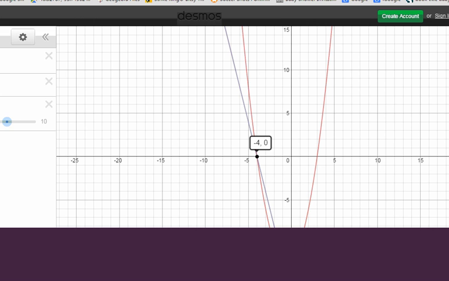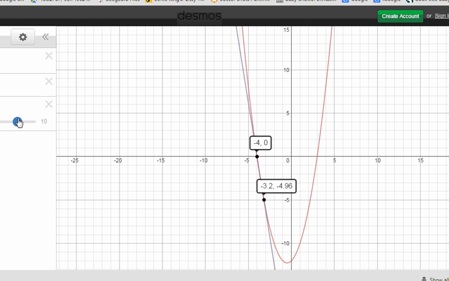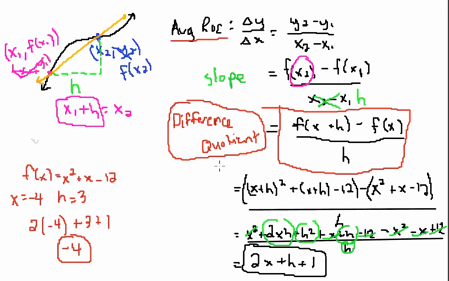So if we move this line so that these points are a lot closer, you can find the slope of the line that goes through -4, and that'll be a little bit further down the road. But this is just a way to find an expression using the difference quotient.